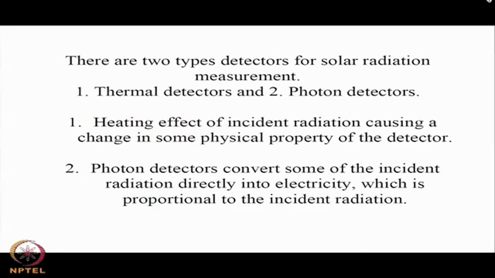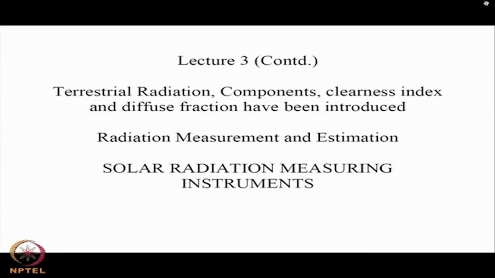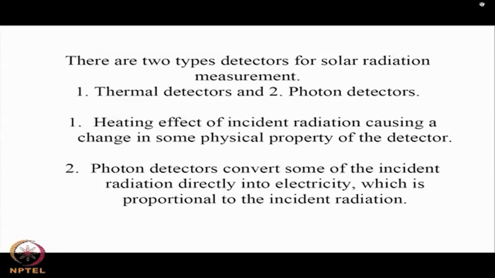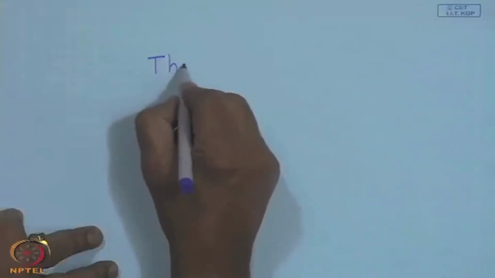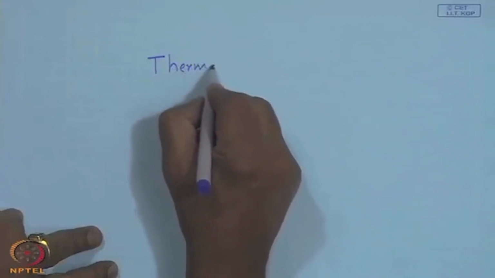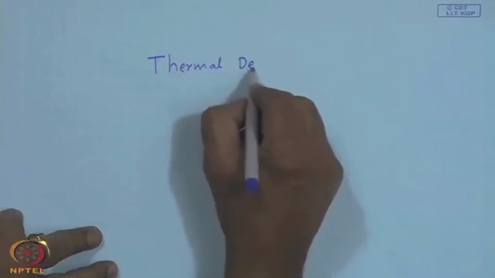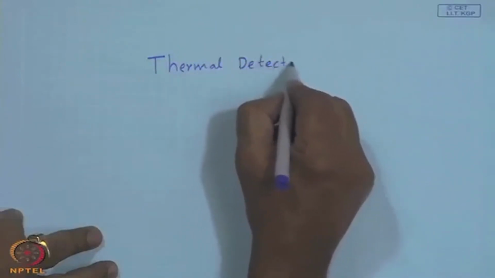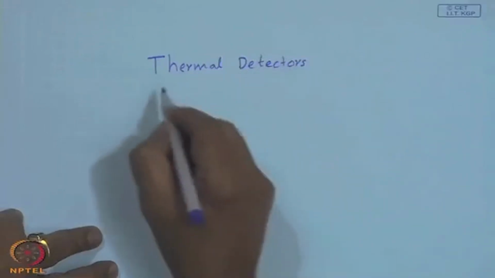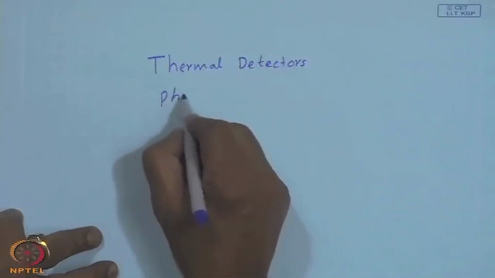Basically, the solar radiation measuring instruments make use of two types of detectors for solar radiation measurement. One type are the thermal detectors, and the other type are the photon detectors.